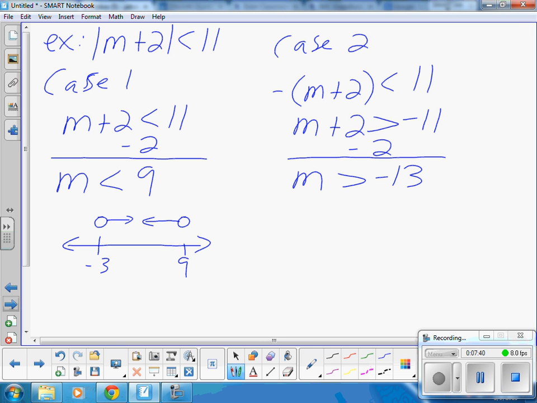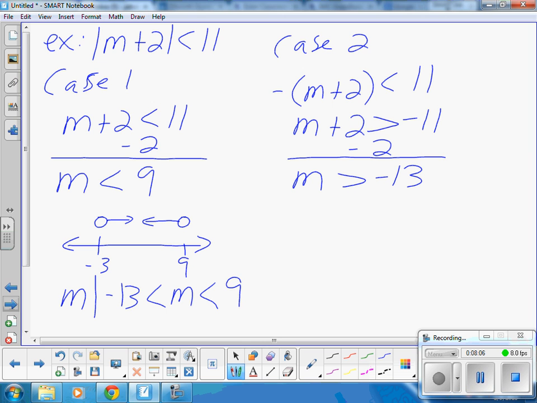The solution is m such that a negative 13 is less than m less than 9. That is our solution to this problem.